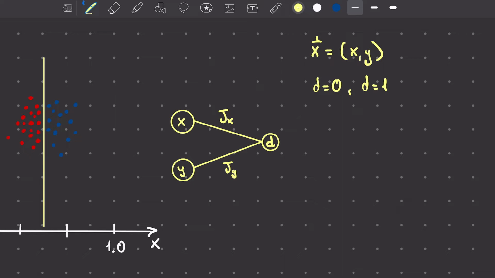Therefore, because d depends on the input vector x, we're gonna say that x and d seem to be correlated. So let's just keep that in mind and try to start defining a Hamiltonian.